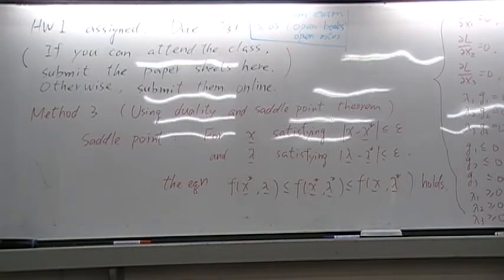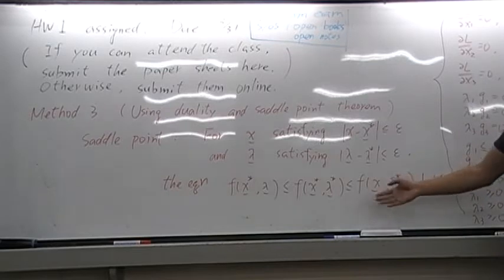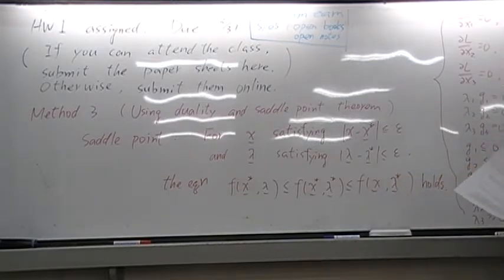I think last week we already said that if you look at the function from one point of view, it's a local minimum. But if you look at the same function from another point of view, then it's a local maximum.